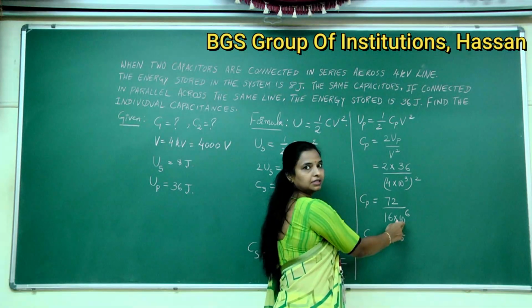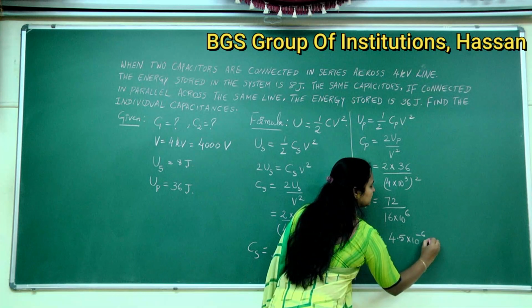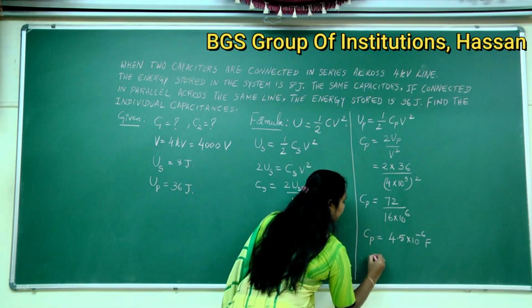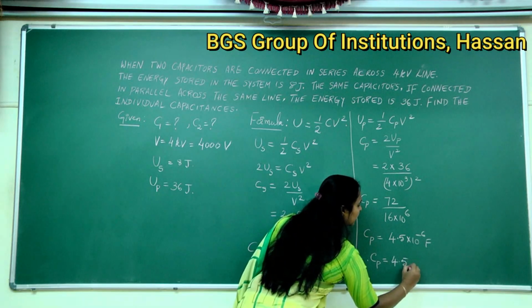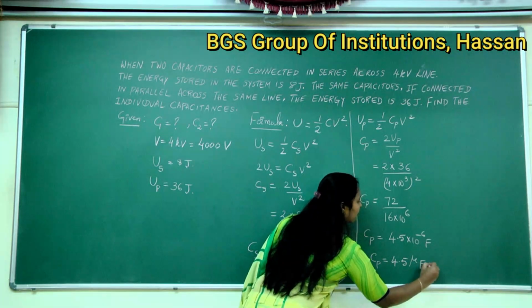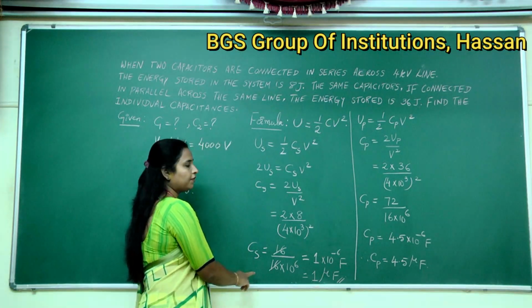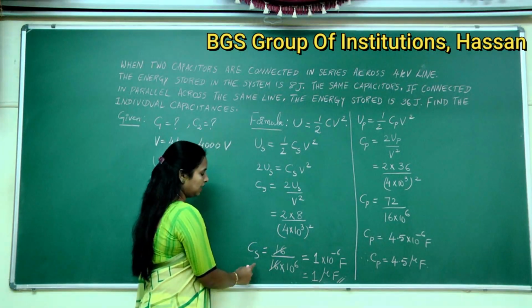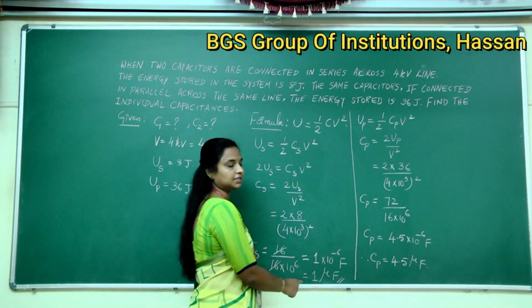If this 10 power 6 goes to the numerator, it is 10 power minus 6 farad. Therefore, Cp is equal to 4.5 microfarad.